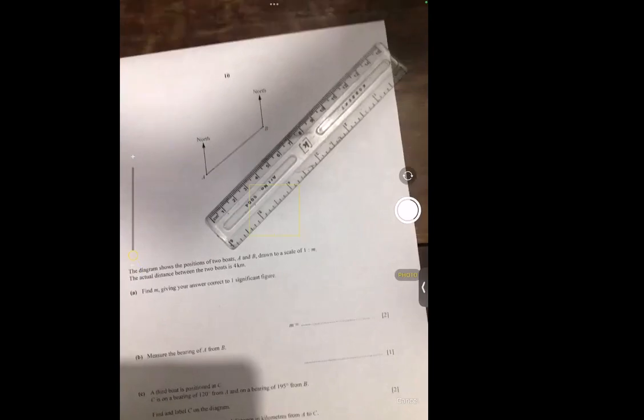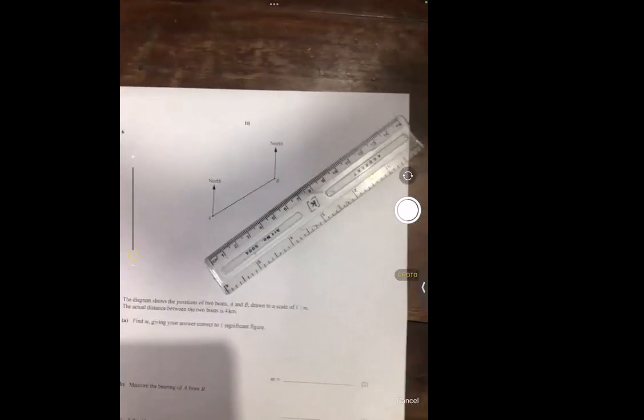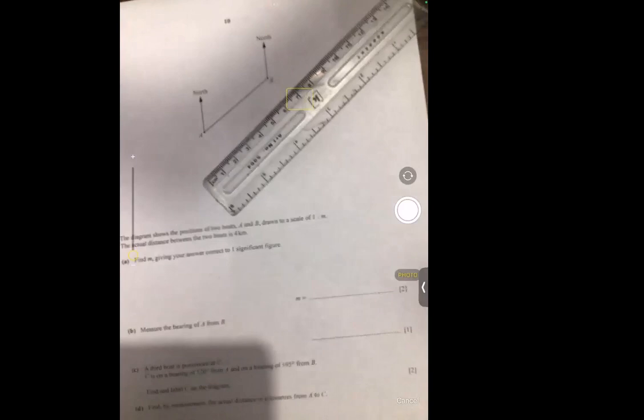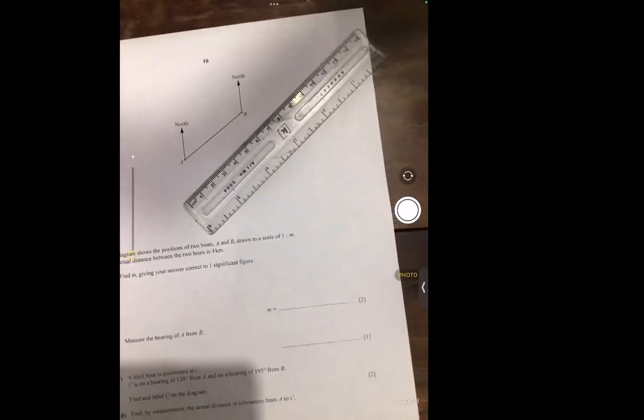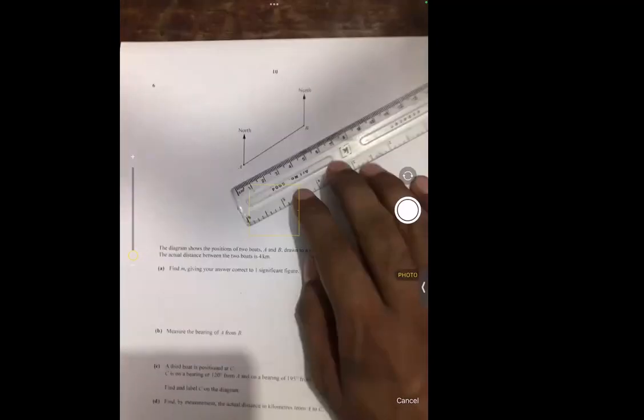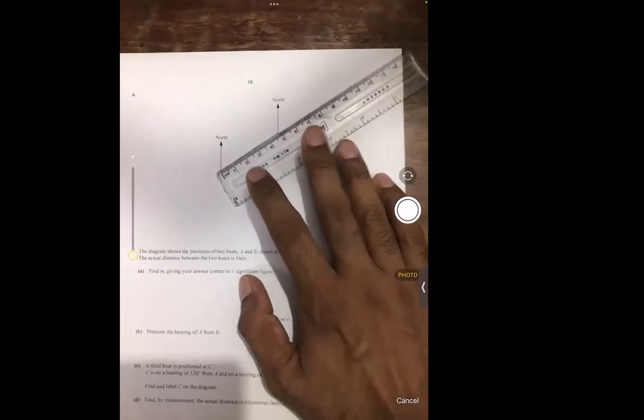Right now the value is showing 4.8, but it must be 5 over here. So you need to check the length value. It shows 4.8, but it must be 5 because my paper is A4 size paper. It is not exactly the same as the CAIE size.